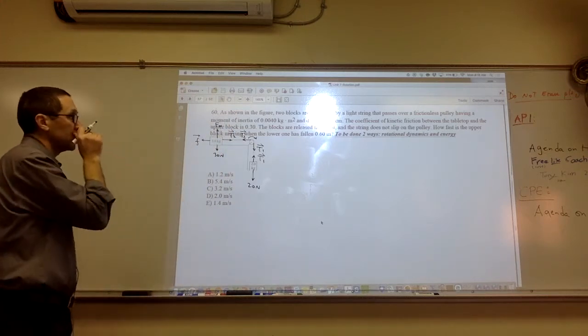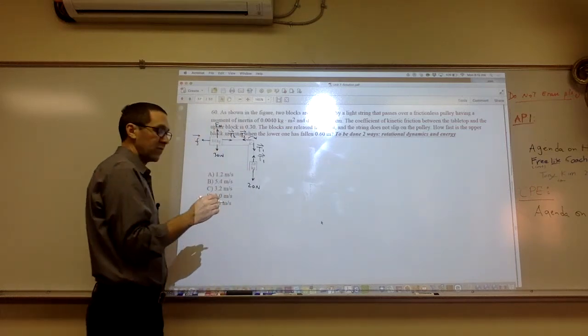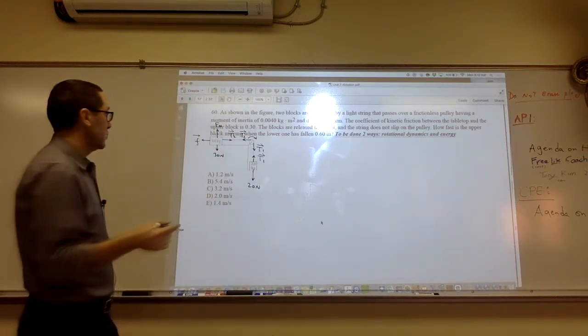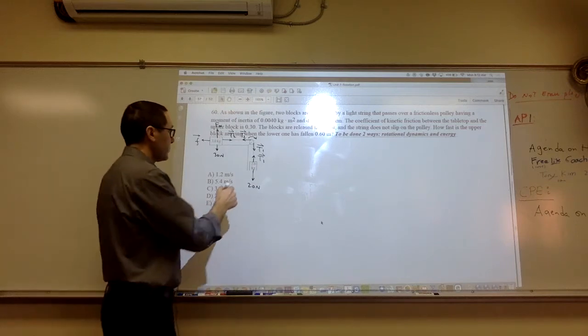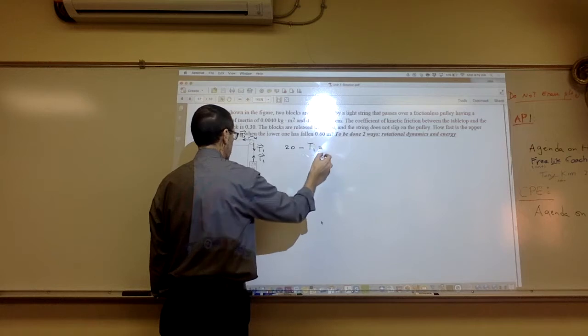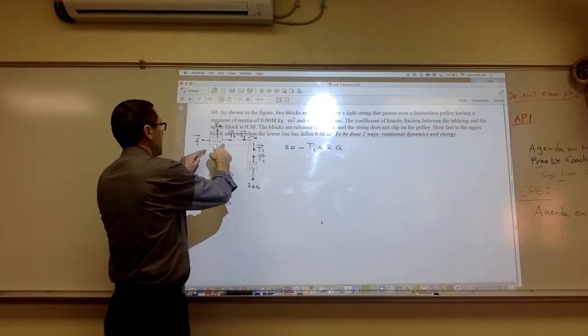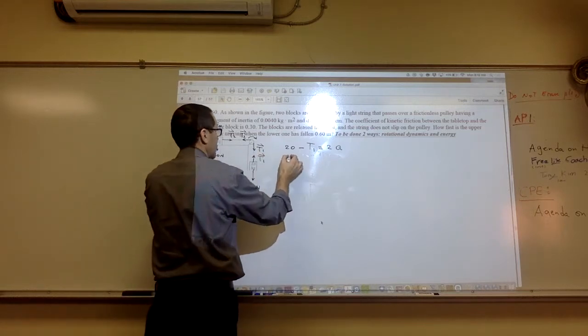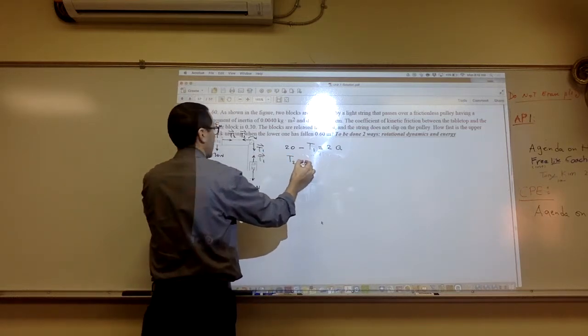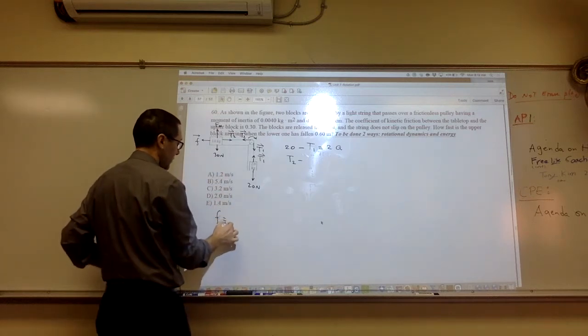So we're going to try to do this with rotational dynamics. What that means is we're going to use the sum of the forces equals ma, and the net torque equals I alpha. For the first equation, it should be 20 minus T1 equals 2a. The second equation, which is up here, should say T2 minus the force of friction, and I can just find out what that is.